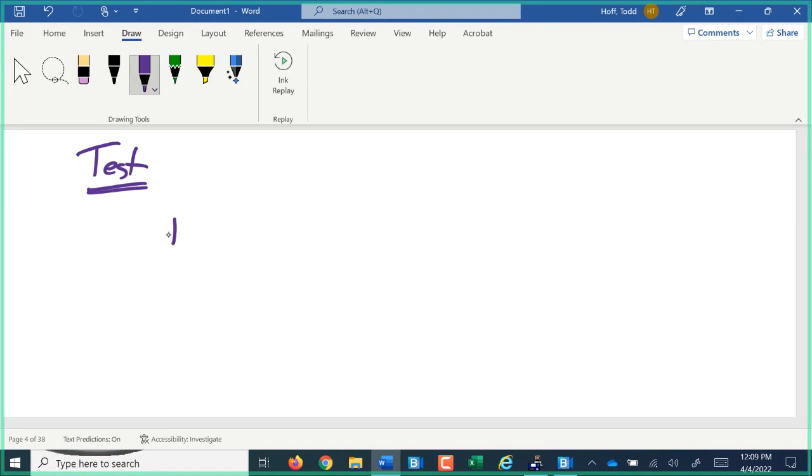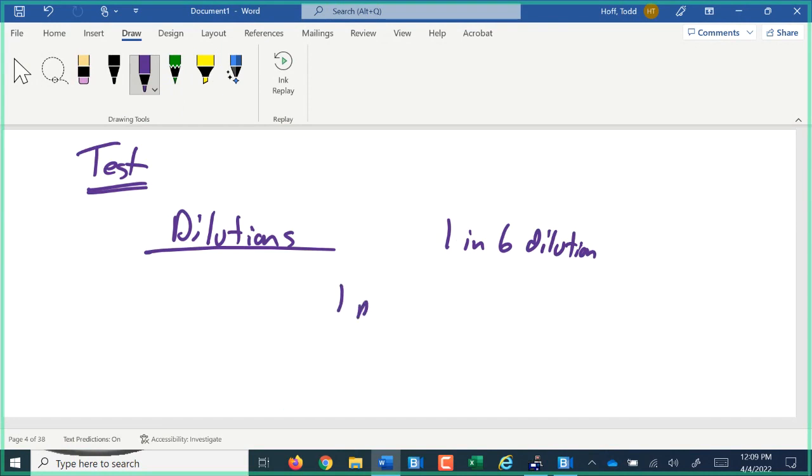Remember, we started out with titrations, or not titrations, with dilutions, I should say. Remember, a 1 in 6 dilution means 1 part serum, 6 parts total solution.